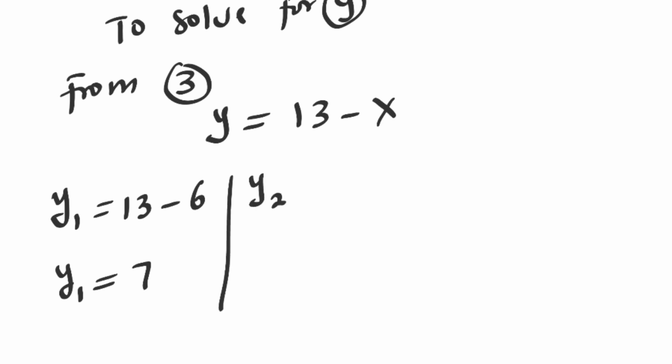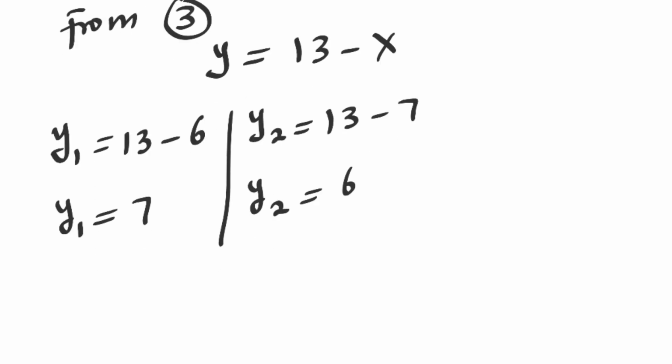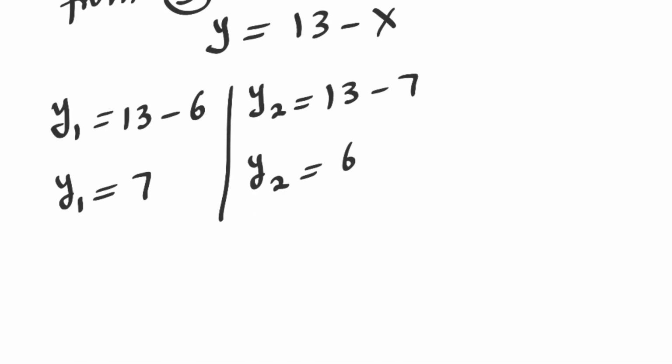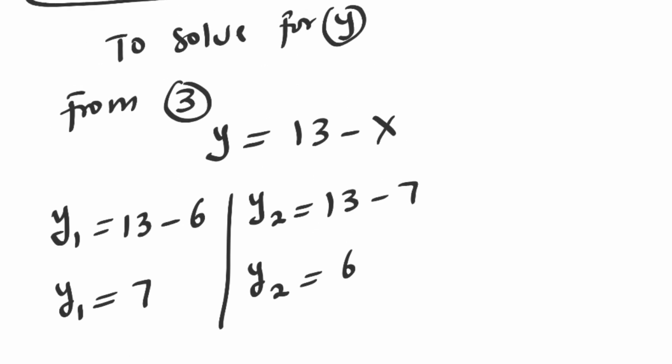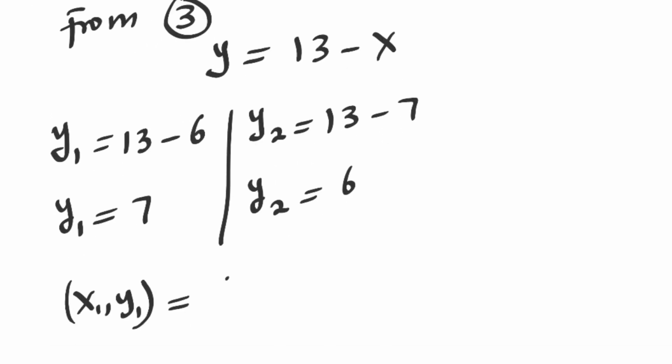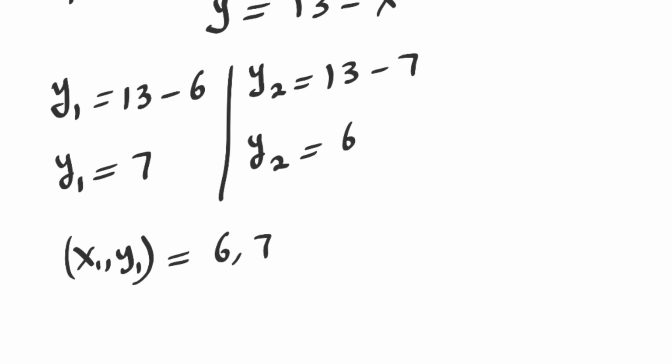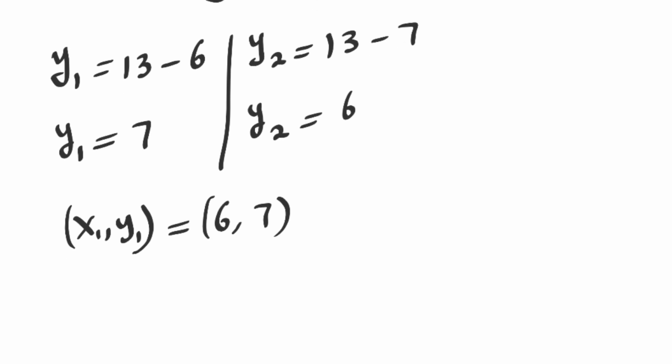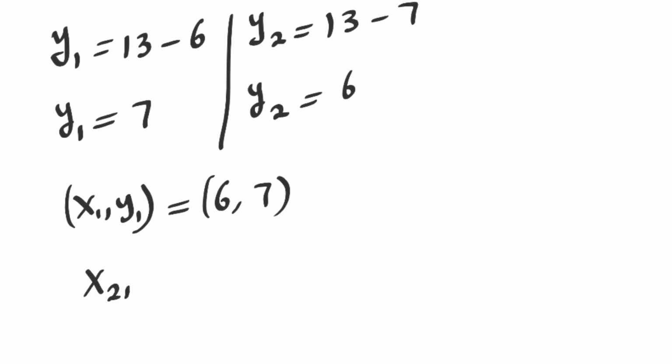Also, y2 is equal to 13 minus 7, y2 is equal to 6. Therefore, our final answer are x1, y1 is equal to 6, 7. Then x2, y2 is equal to 7, 6.